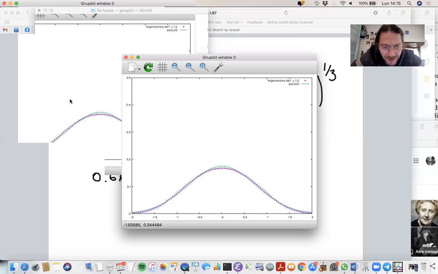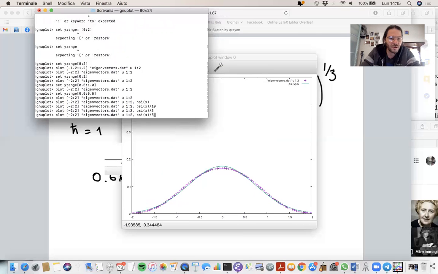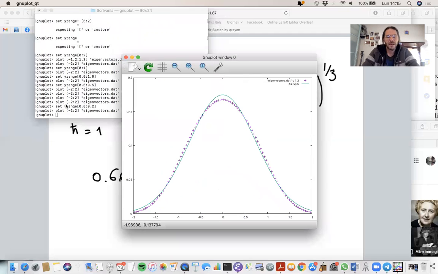So this is actually interesting because it shows us the comparison between the exact and the approximate solution. So the exact solution here is the purple dots.